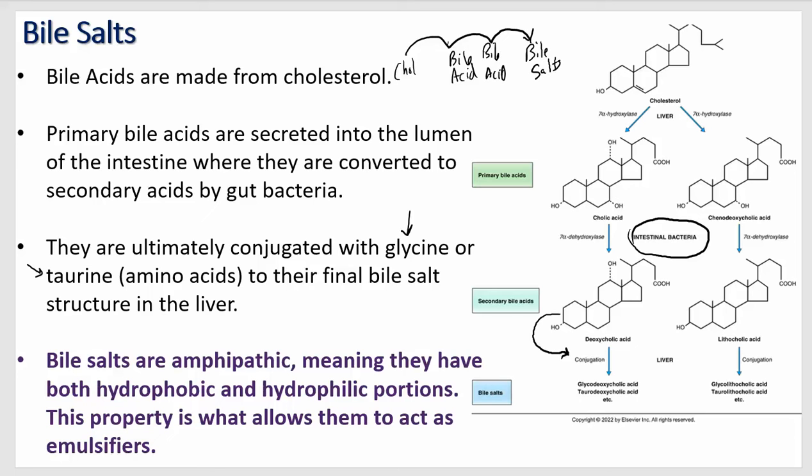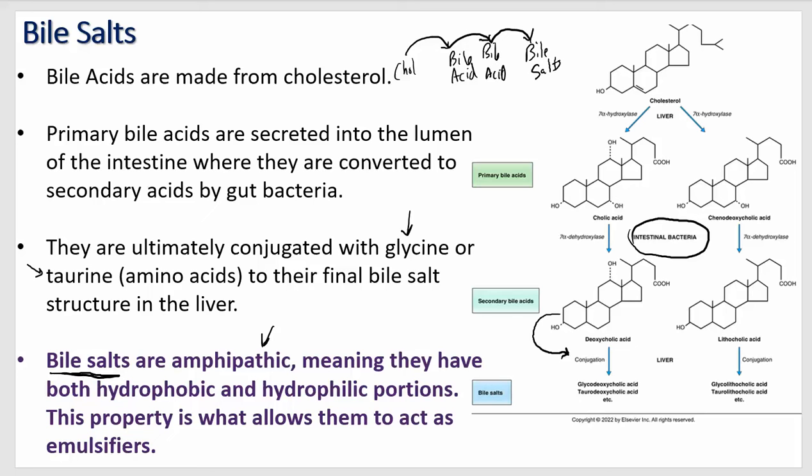So I'm not too concerned about all the details, drilling into how it all takes place. I do have a picture on the next page that kind of explains it a little differently. But one thing about bile salts, so bile salts is what we're ultimately, like I said, looking for. So they're amphipathic, so this word amphipathic means that they have both hydrophobic and hydrophilic portions.